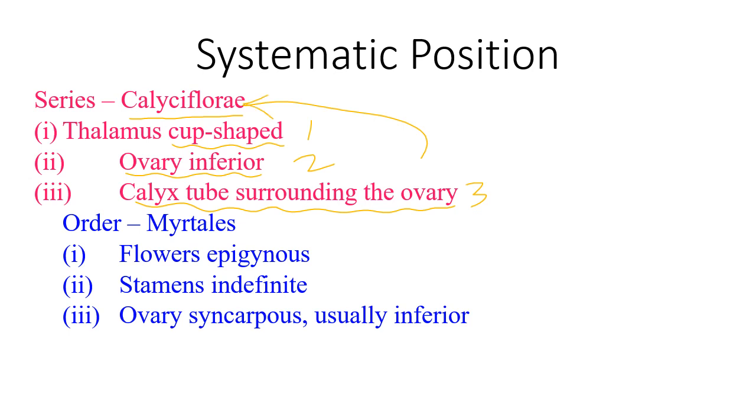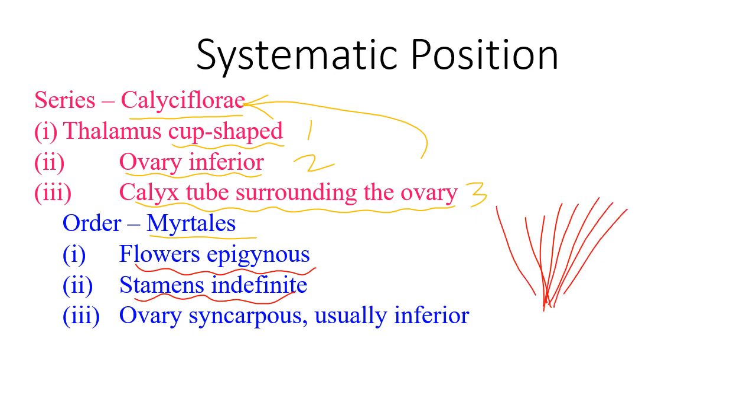Then the order is Myrtales, and the reasons behind that are, you can see, flowers are epigynous, as you saw that the ovary is inferior, stamens are indefinite in number, all these kinds of stamens you have seen in the flowers, ovary is syncarpous and usually inferior, that is also an important characteristic.